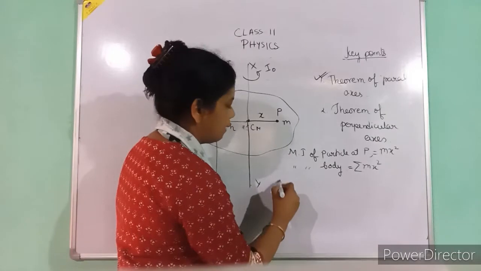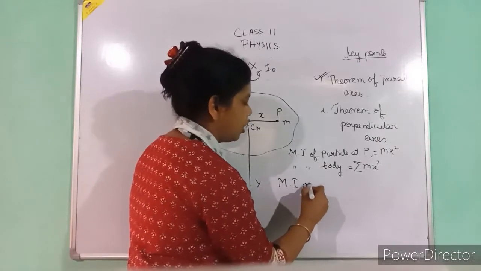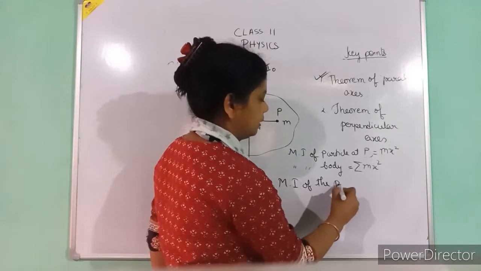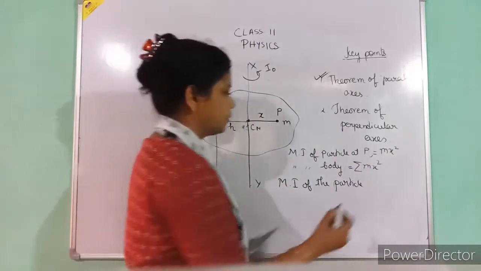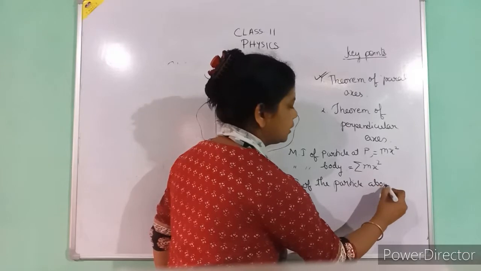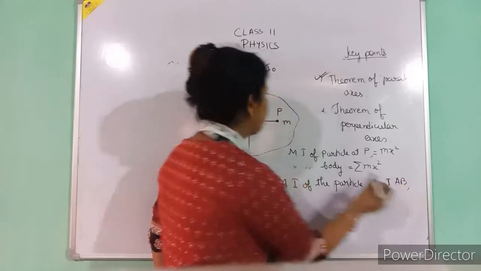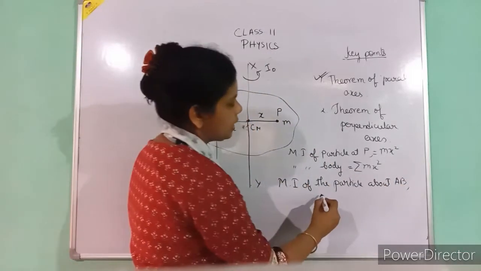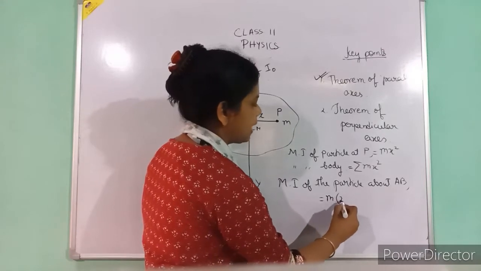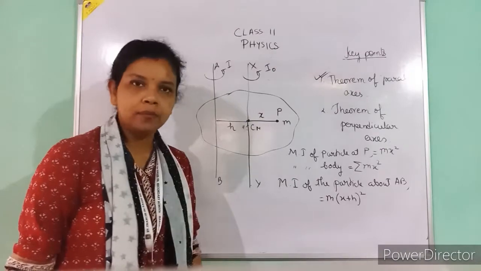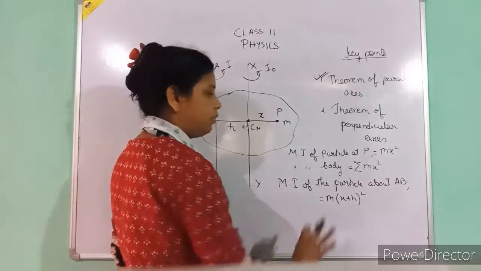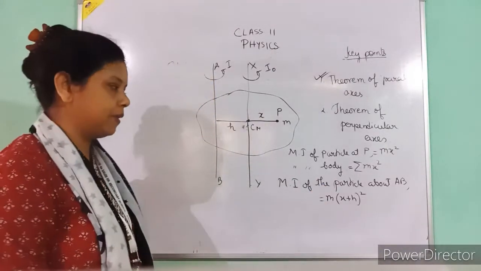Now if instead I ask you the moment of inertia of the particle about AB, meaning about this particular axis, then you will tell me that it is m times x plus h whole square. This is the moment of inertia of the particle about the axis AB.